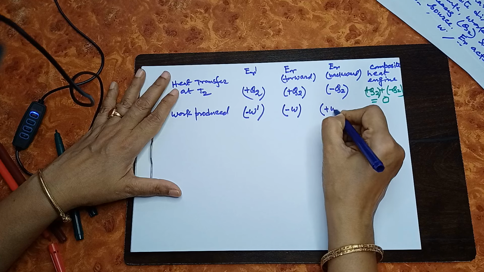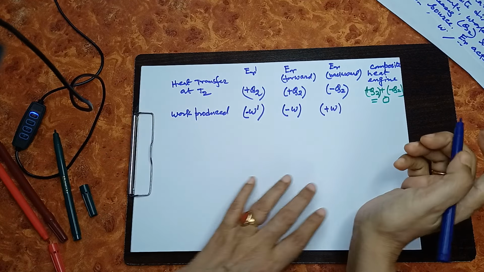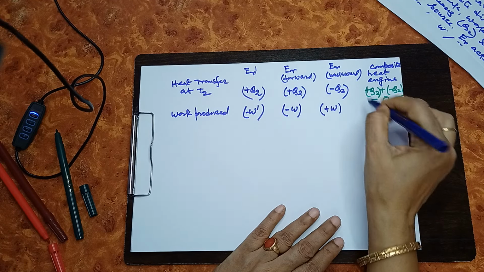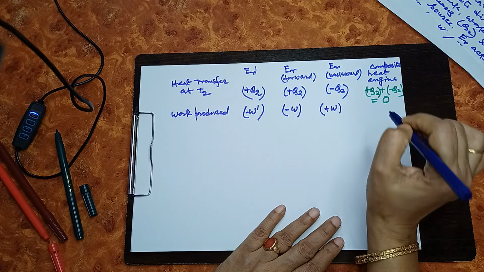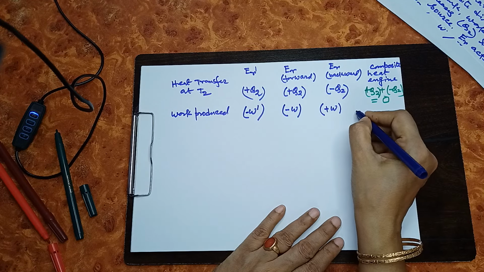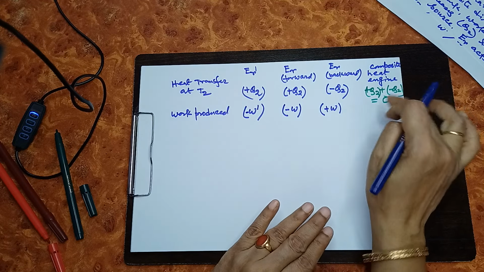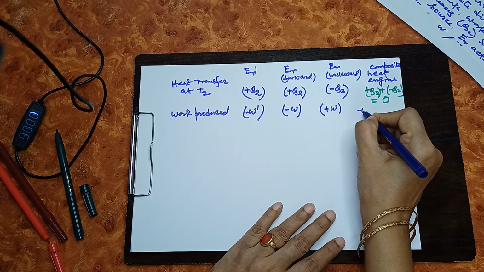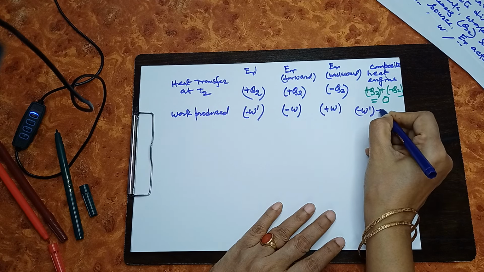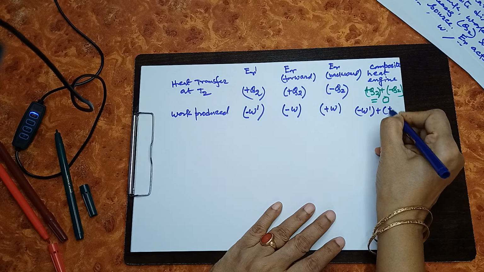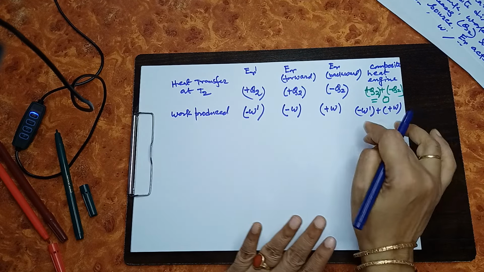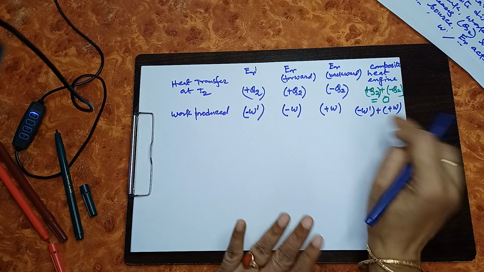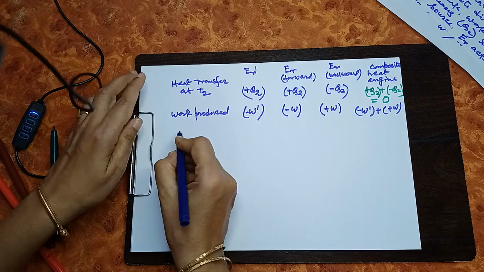So it will be plus W. Just the sign will be reversed. Okay. Then what is the final situation at the composite heat engine? What is the work produced by the composite heat engine? That will be minus W dash plus W. This plus minus sign just indicates whether it is work done by the system or work done on the system. This is the work produced.